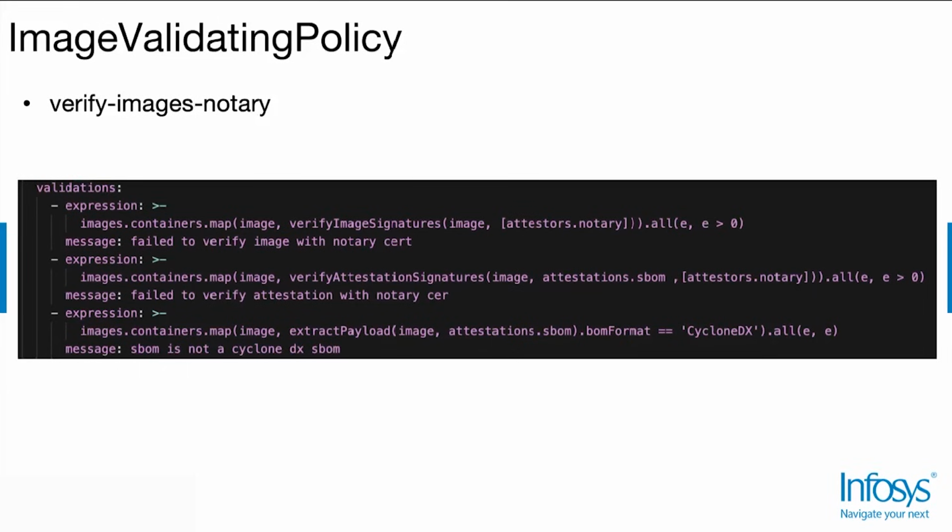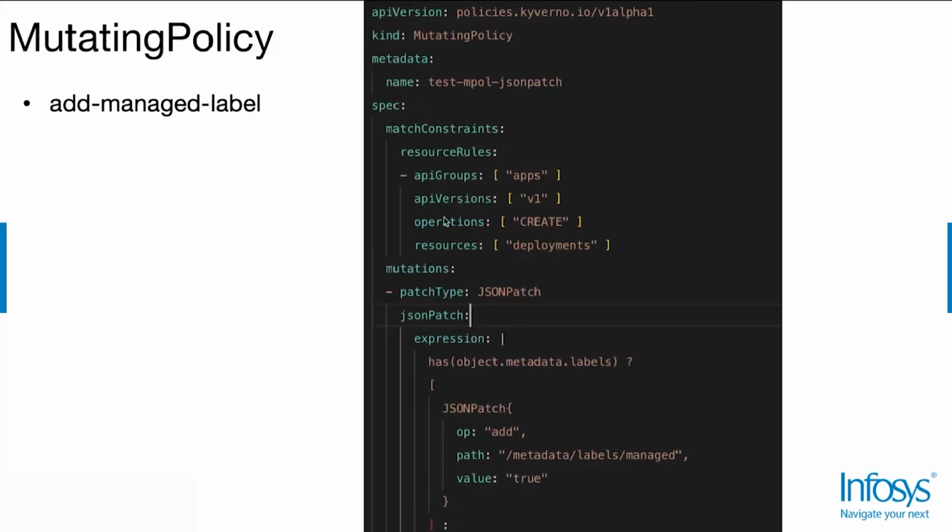So moving on to the next policy type, we have mutating policy. And again, here comes with another kind, mutating policy. It has all the same match constraints, all the same metadata. But here I'm just matching a deployment creation event.